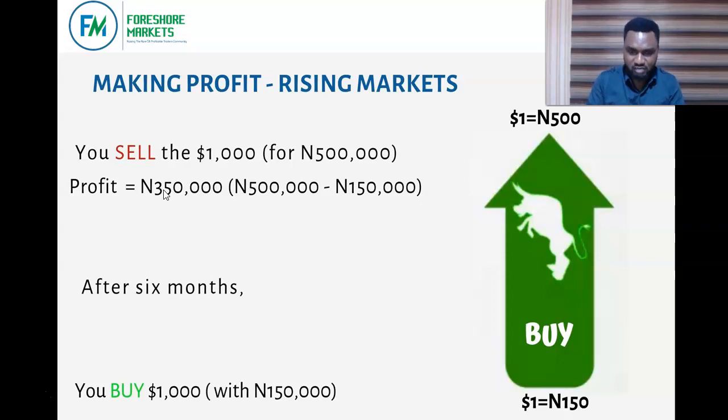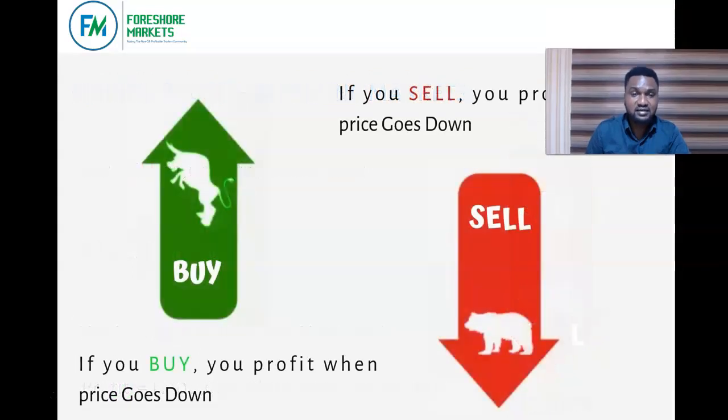This is just a very simple example, but when we go into the charts and start looking at asset classes like euro dollar, pound dollar, dollar yen, crude oil, gold prices, then we'll see a deeper and more in-depth analysis and practicalities of how money is made in a rising market. Of course, this video is done for beginners, so I'm taking you step by step, gradually into the advanced level. So this is how money is made in the rising market.